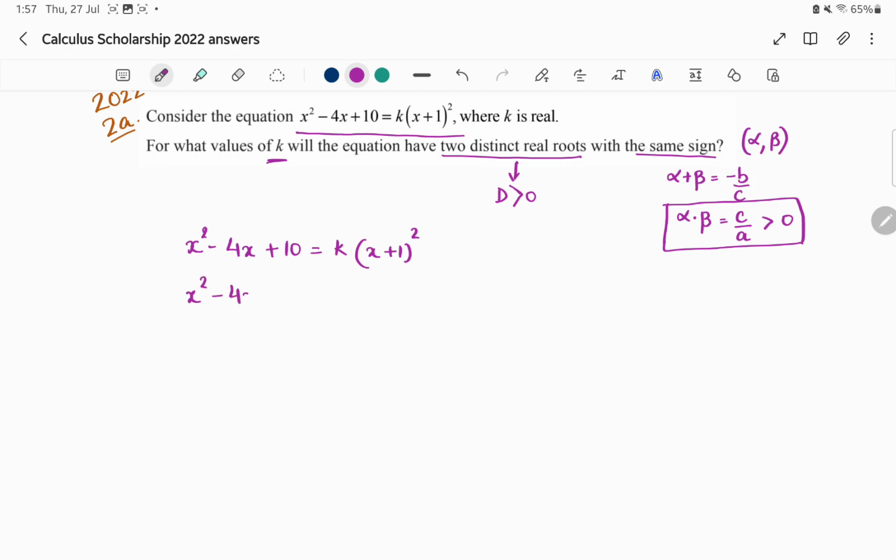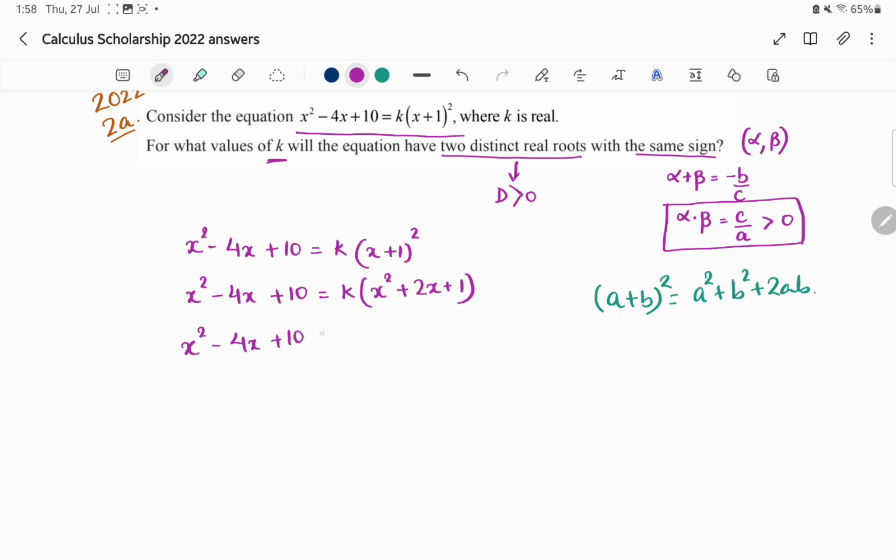So x squared minus 4x plus 10 equals k x squared plus 2x plus 1. Again, I have used (a plus b) whole squared equals a squared plus b squared plus 2ab.